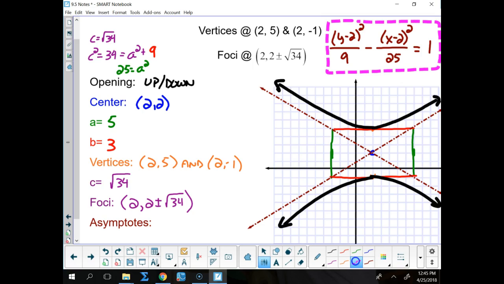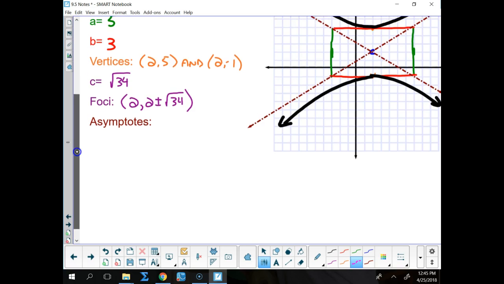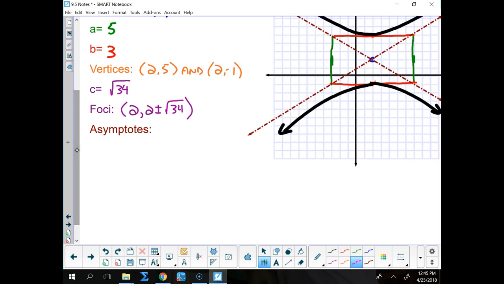Okay. The only thing left we've got to do is figure out our asymptotes, right? Slope of the asymptotes, plus or minus 3/5. Y minus 2 equals plus or minus 3/5 times (x minus 2).